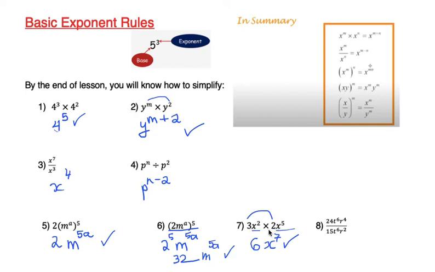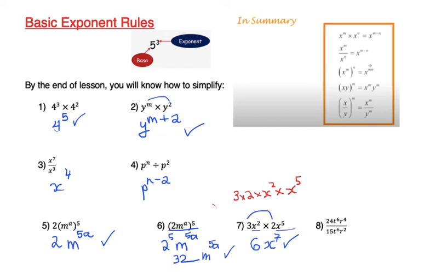Notice we did not add the 3 and the 2. Those are just numbers, and this is just multiplication. If you wanted to, you could rewrite this in a different order. So you can, for example, go 3 times 2 times x squared times x to the 5, right? The order in the multiplication doesn't matter. And so now hopefully it makes sense why that's a 6 and that's to the power of 7.